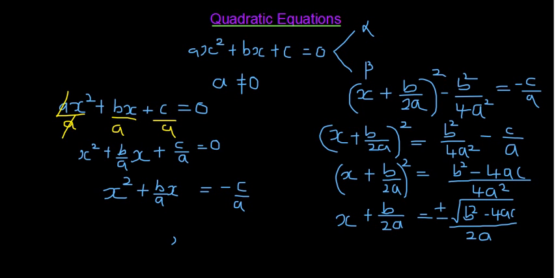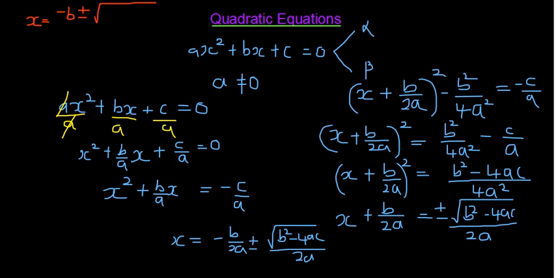Then finally we can write the answer for x. x is equal to minus b over 2a plus or minus the square root of b squared minus 4ac over 2a. 2a is common for both terms, therefore finally I am writing the proper equation to find x in a different color. x is equal to minus b plus or minus the square root of b squared minus 4ac, over 2a.